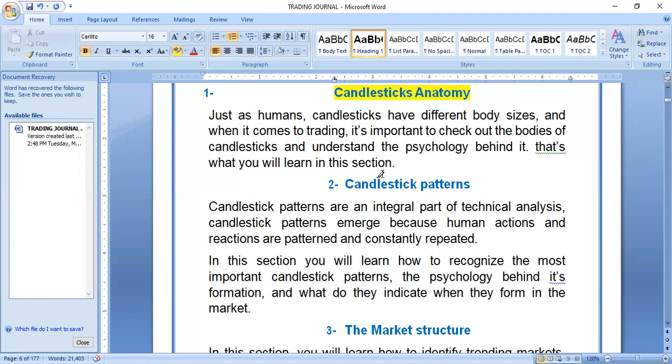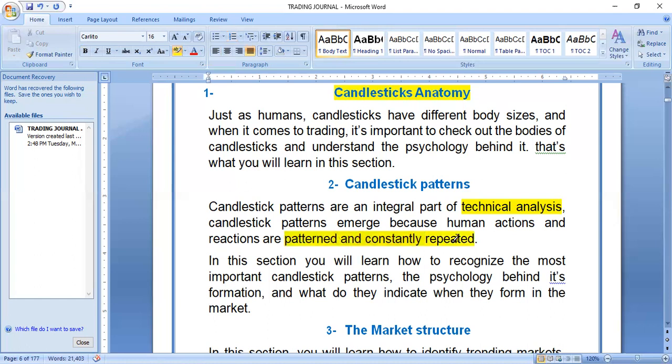Then we look at chapter number 2, the candlestick patterns. Candlestick patterns are an integral part of technical analysis. We should underline that. They emerge because human actions and reactions are patterned and constantly repeated.